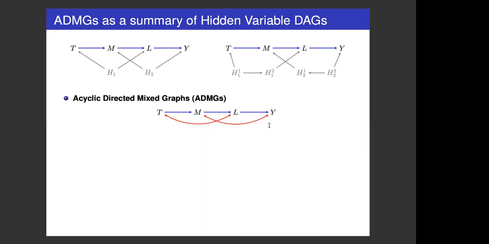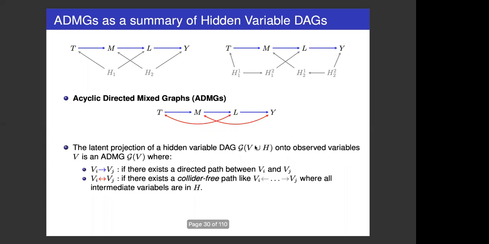An ADMG contains two types of edges: directed blue edges and bidirected red edges. And there is a way of constructing ADMGs from the underlying hidden variable DAG, using what's called the latent projection operator that was developed by Verma and Pearl back in the 90s.